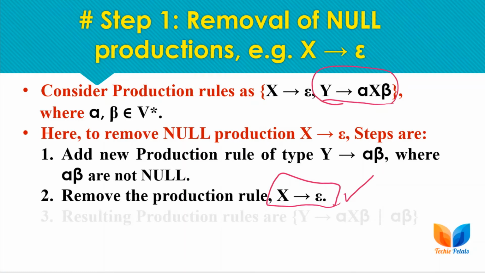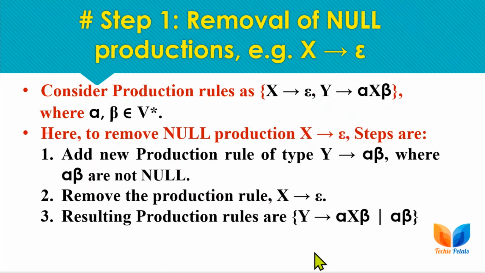Wherever we have x in the right hand side, replace it with null and add the resulting production rule to the production rules of the grammar. So after putting x as null here, we get this as the resulting production rule. Simply add the new rule to the grammar. So add this production rule to the grammar and remove the null production rule from the grammar, and we get this as the resulting grammar. This grammar now has no null production rule and has all the alternatives of the null production rule for the grammar.